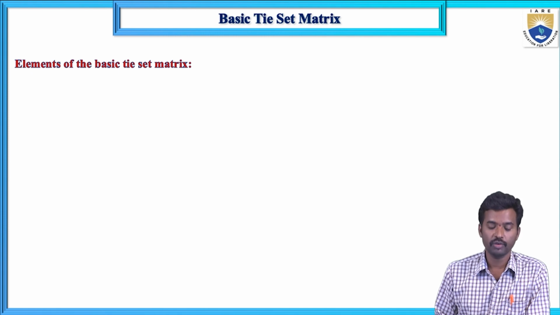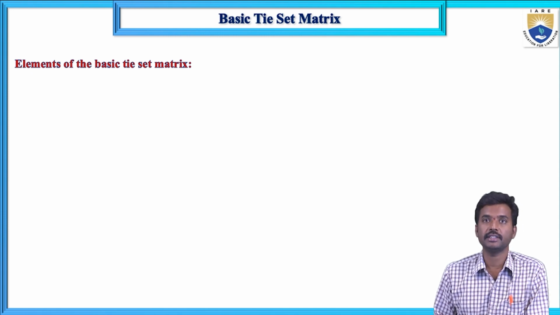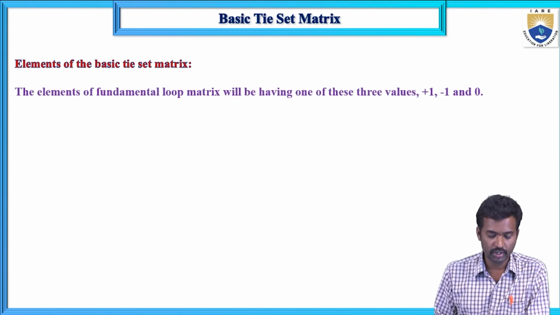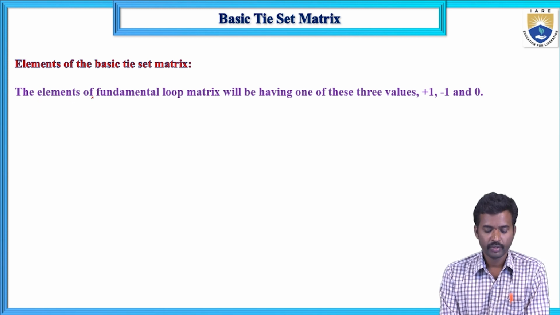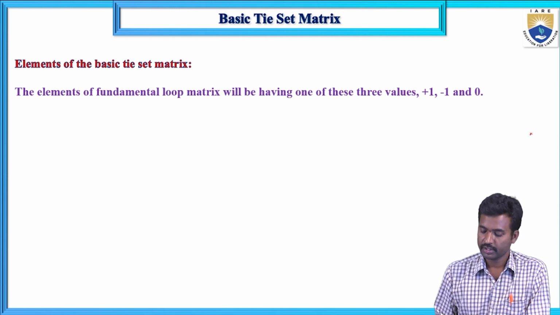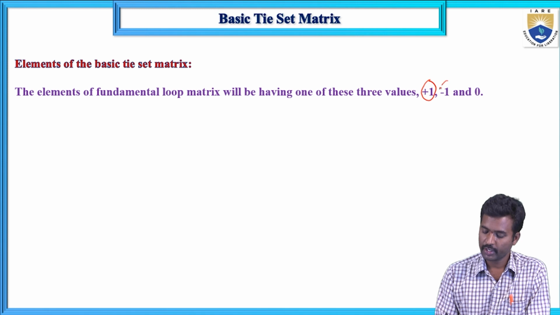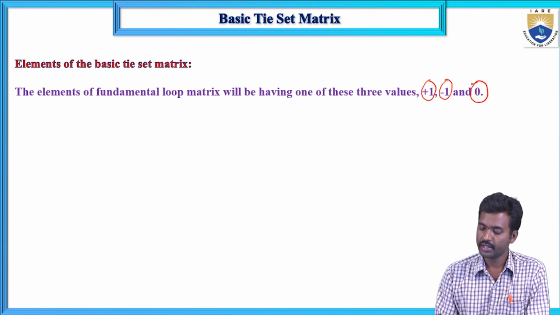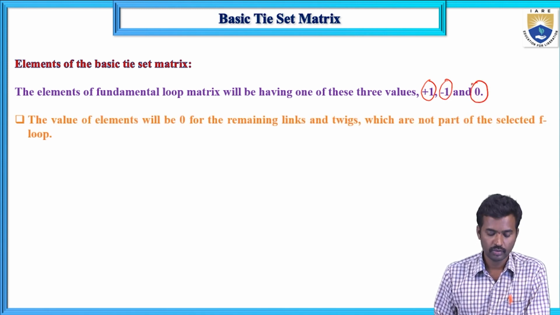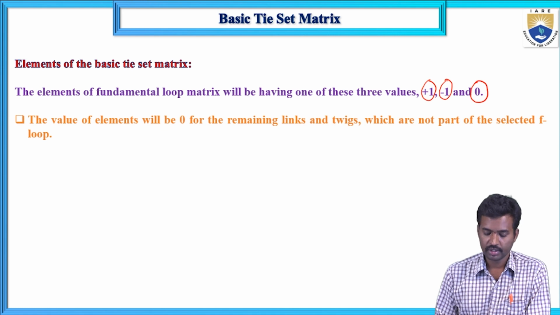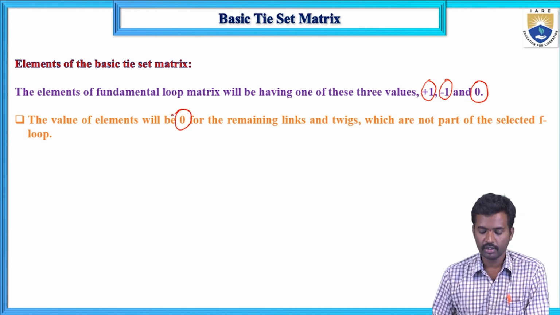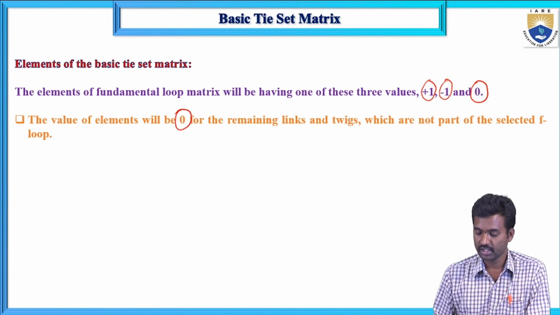And next, how you will fill the elements in the basic tie set matrix. The elements in the tie set matrix are +1, -1 and 0. The value is 0 when the twig and link directions are not associated, which are not part of the selected F loop.